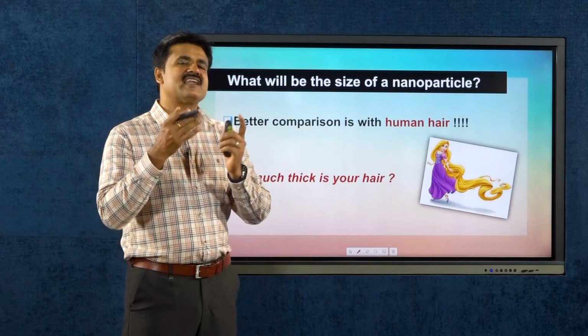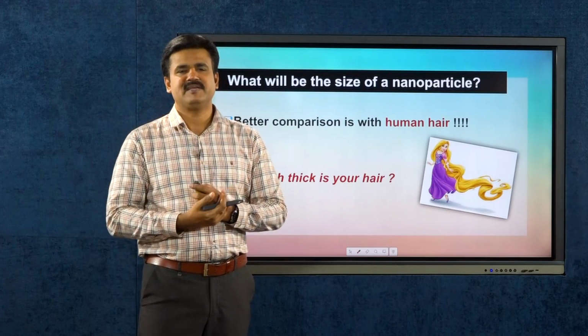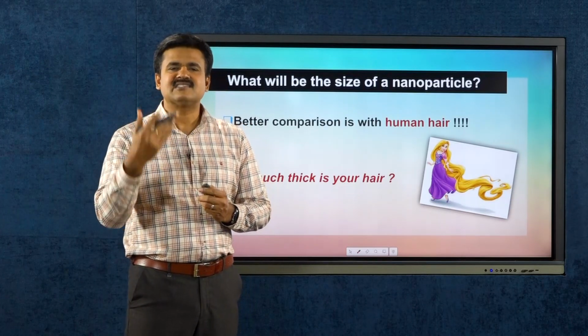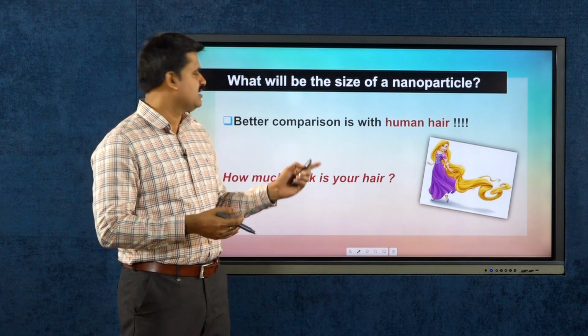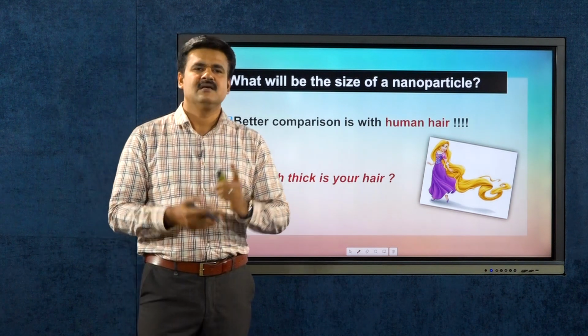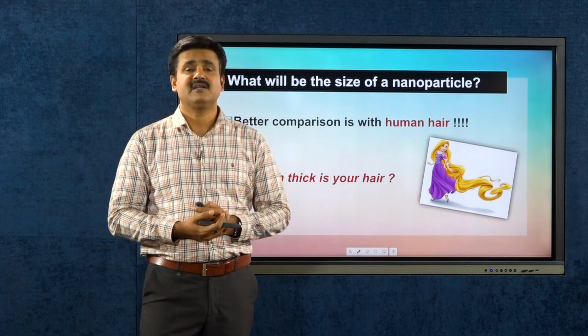That is, we can compare the size of the nanomaterial with the size of human hair. The question arises, how thick is your hair? This picture represents the fairy tale character Rapunzel, famous for her very long hair. The question in front of you is, how thick is your hair?